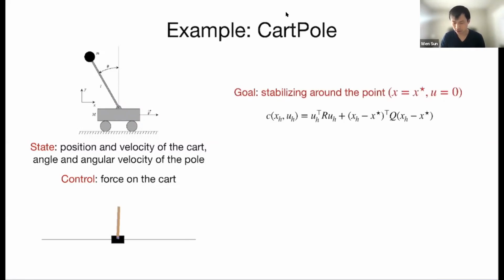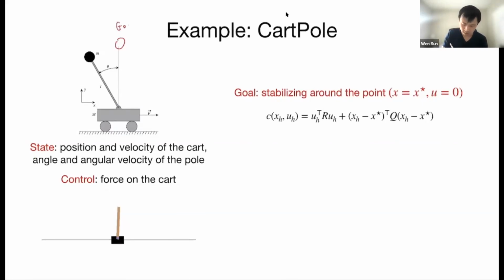Our goal is to stabilize it around some point, and let's use x star as the goal. Let me emphasize this point: I'm switching notation from s to x and a to u. In control, we use x to denote state and u to denote action. This is kind of annoying, but that's how these two fields work.